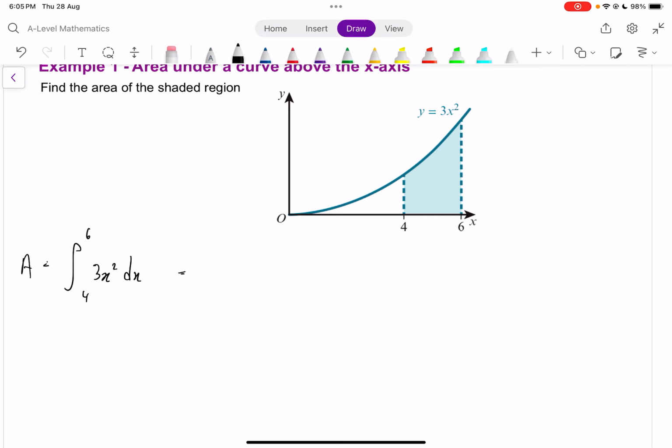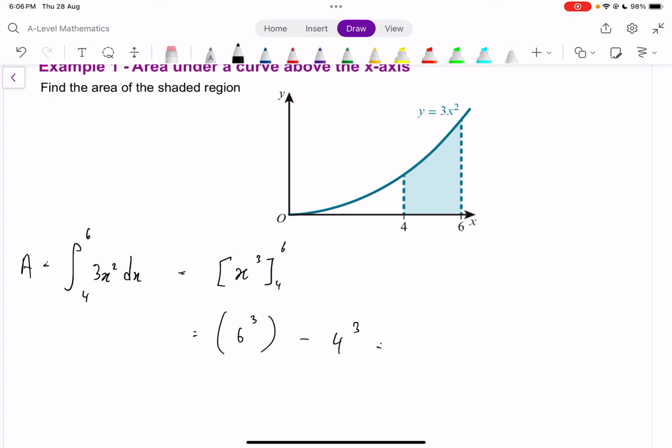我们会得到的是 x cubed in this case，因为 x 的 power 加1了之后再除以3。So in this case, there will be 6 and 4. Now, remember one thing. It's upper minus lower. 所以 when x equals 6 minus x equals 4. So that brings it as 6 cubed minus 4 cubed.